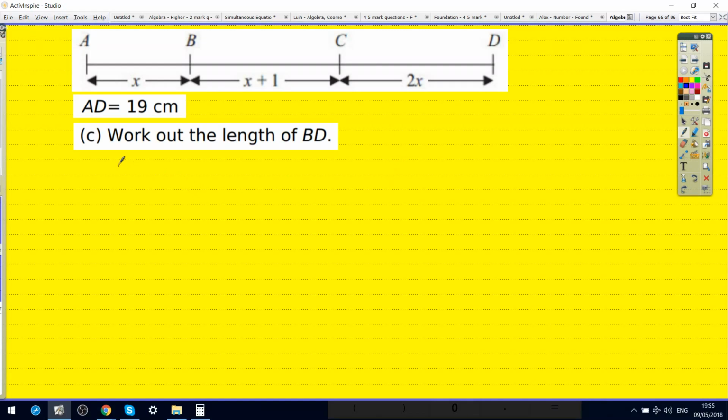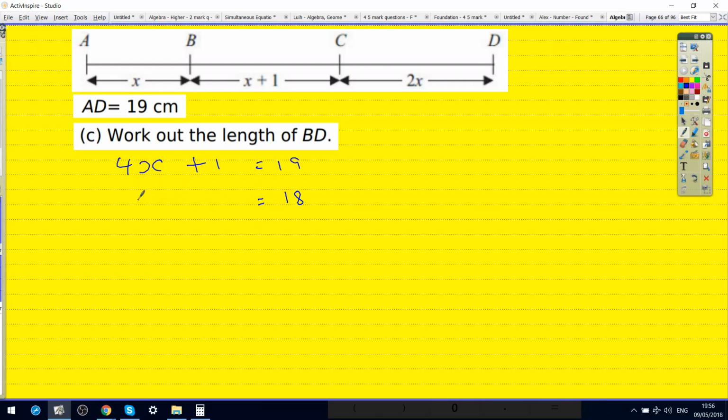3x. Yeah. What else? Oh, hang on, not 3x. If we added all of them, that would be 4x. Yeah. Go on. 4x plus 1. So A to D is 4x plus 1. A to D is also 19. And 19. Okay, that would be minus 1, so that's 18, divided by 4.